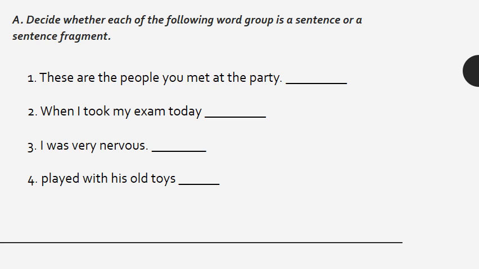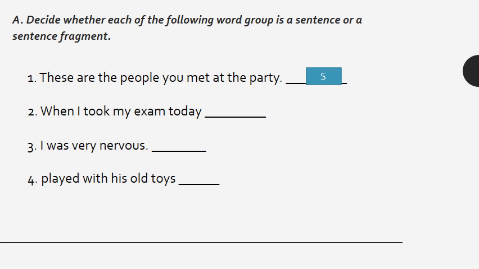Do I have a complete thought? Yes, I have a complete thought. It starts with a capital letter and ends with a period. So is it a complete sentence or a sentence fragment? Since I have a complete thought, a subject, and a verb, it is a sentence. Excellent.